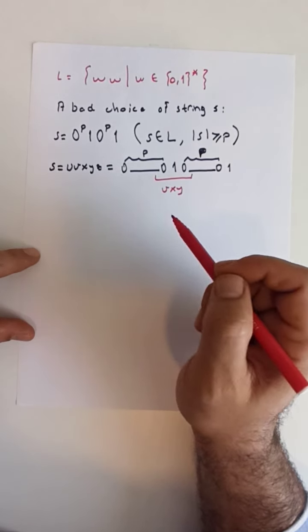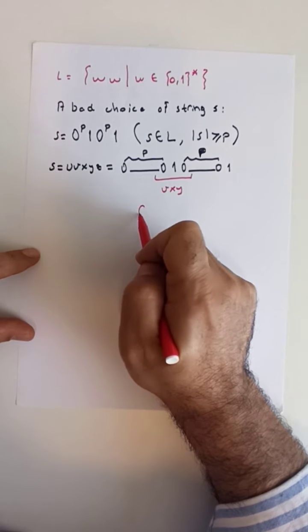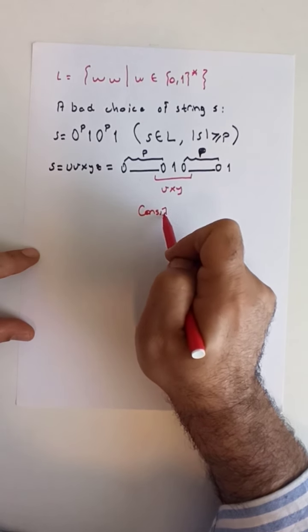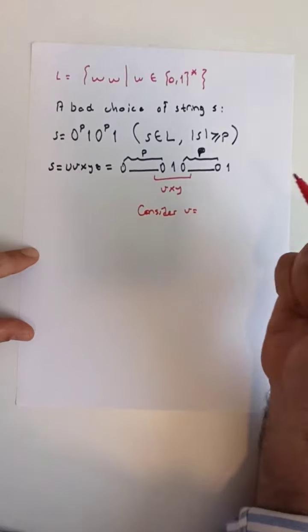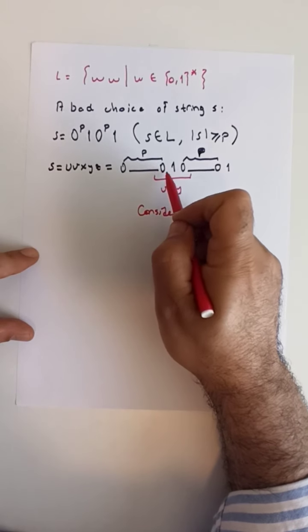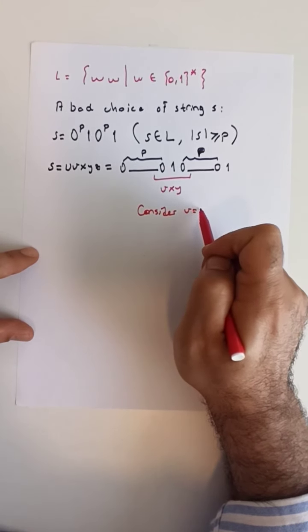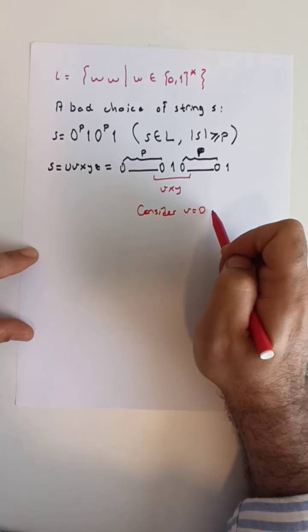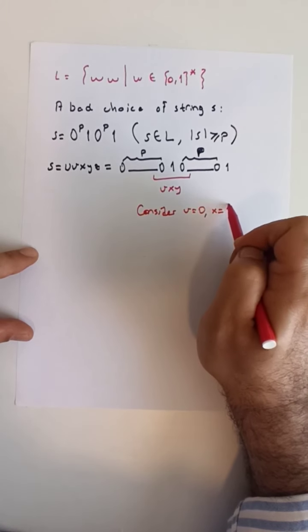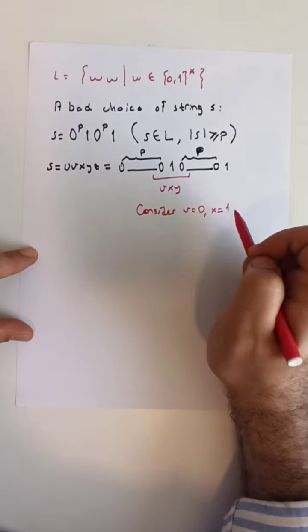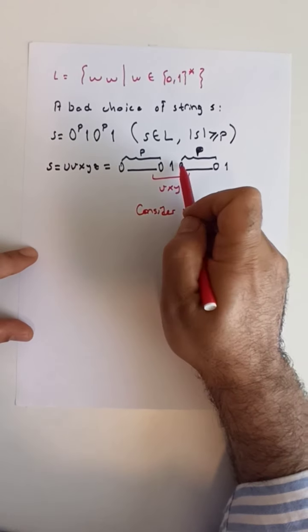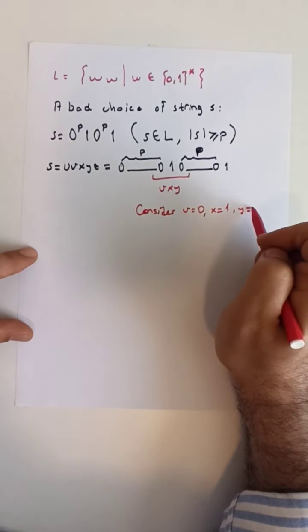Because consider the following scenario, where v is, let's just say, simply 0. So v is basically this symbol, v is 0, and let's say x is this symbol 1, and let's say that y is just this symbol 0.